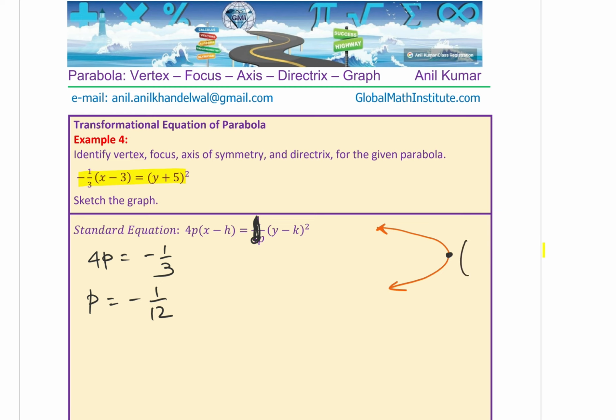So this is the vertex (3, minus 5). So the focal point will be on the left side along the axis. The axis is right there, going through the y value of minus 5. So y equals minus 5 is the axis.